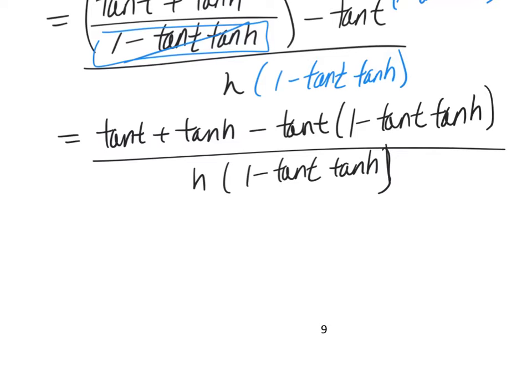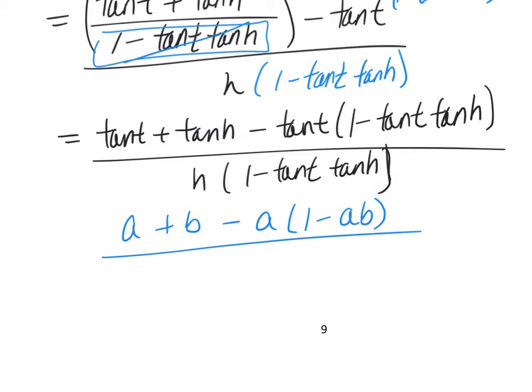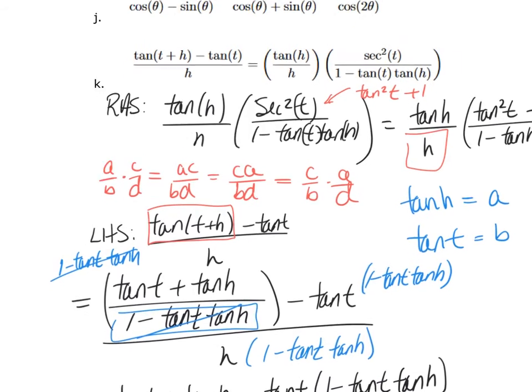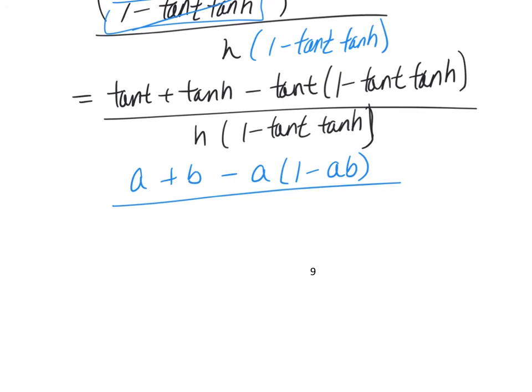All right, so now what I have basically is a plus b minus a, 1 minus ab, all over the denominator. I don't care about the denominator at the moment because that's what I need. So my numerator, well, I need tangent h by itself. So basically I need to get b all by itself.